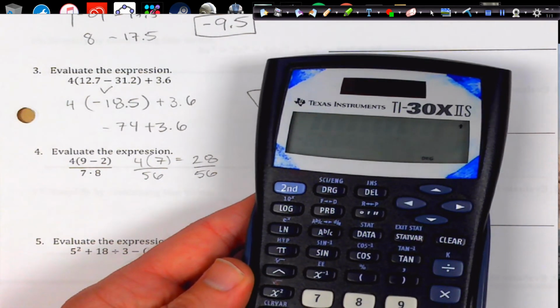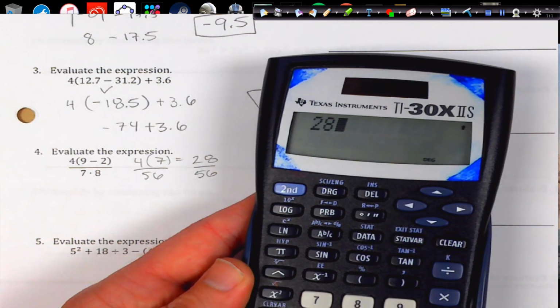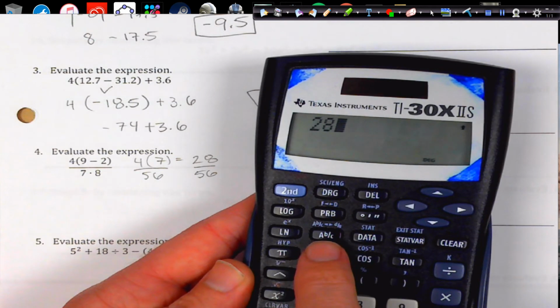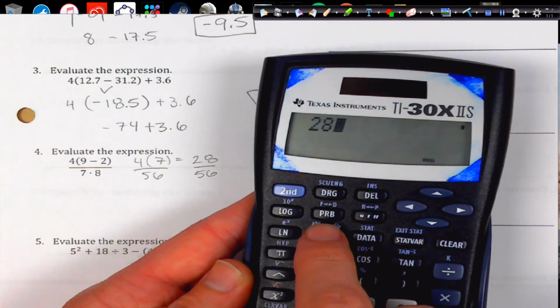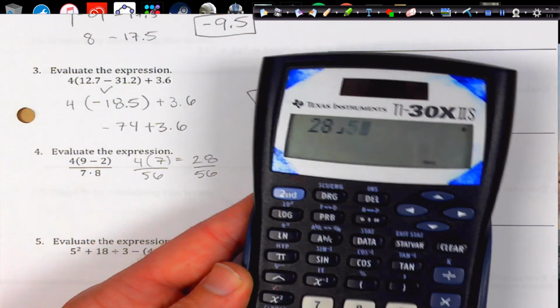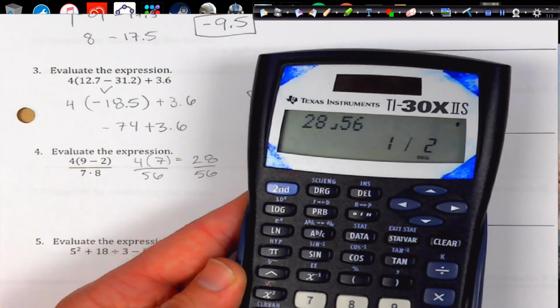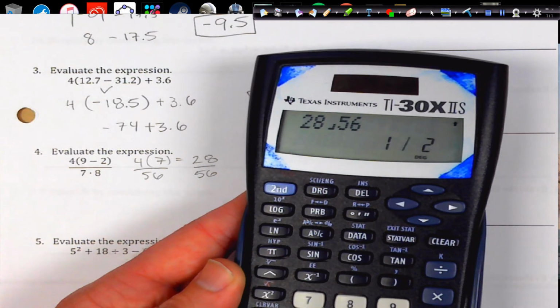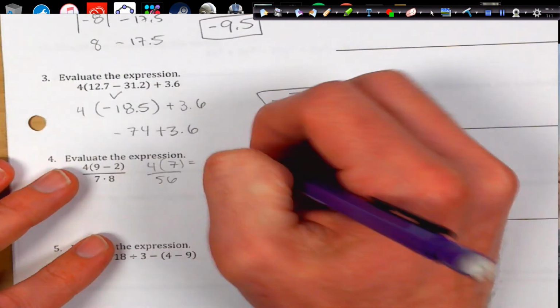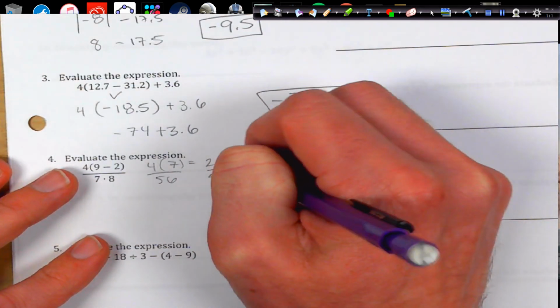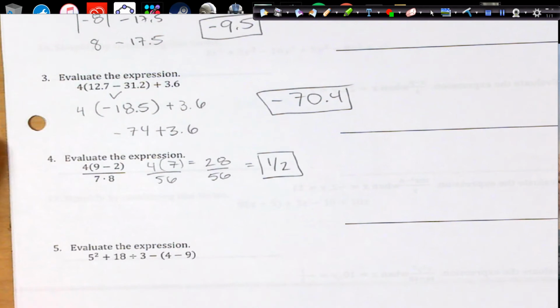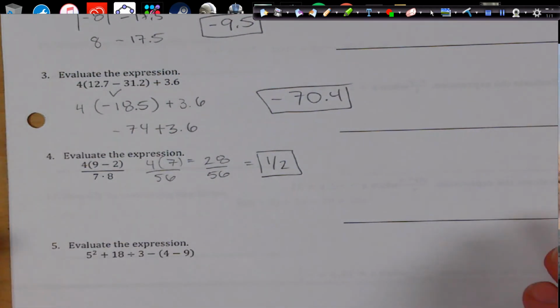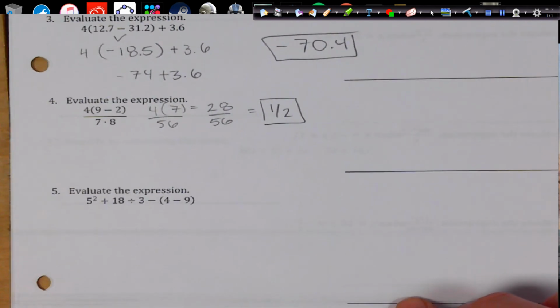To do this, we can do 2, 8, and then if you look at this button right here, it's A with the little BC. You click that, and then 56. That will actually reduce your fraction on the calculator, which is pretty cool. This one was a little easy, but we can get our reduced fraction of 1/2 as our final answer. If you want to find the decimal equivalency, you can just divide, and so we get 1.5.